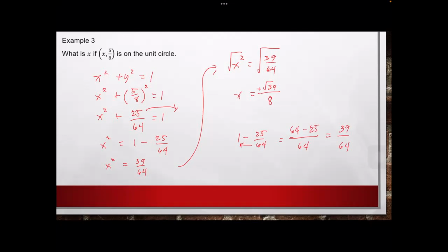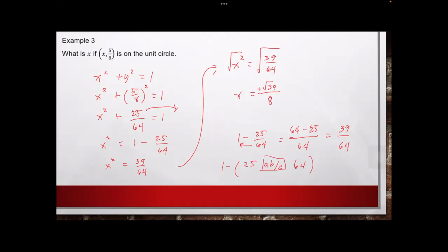So, type mo lang 1 minus 25 over 64. Kung maliit ang screen mo, 1 minus parenthesis, that is 25, tapos yung A, B, yung tile na ganito, tapos 64.